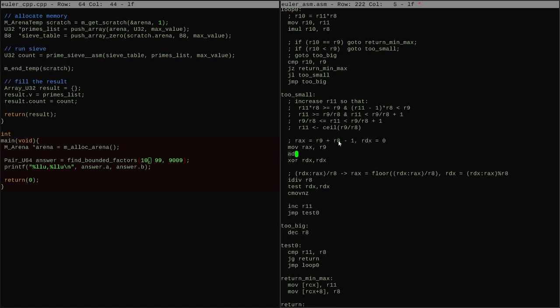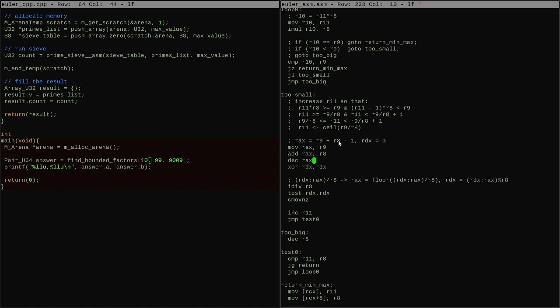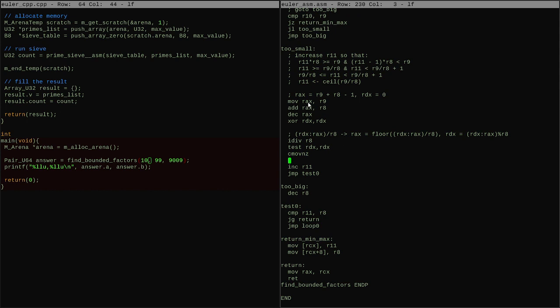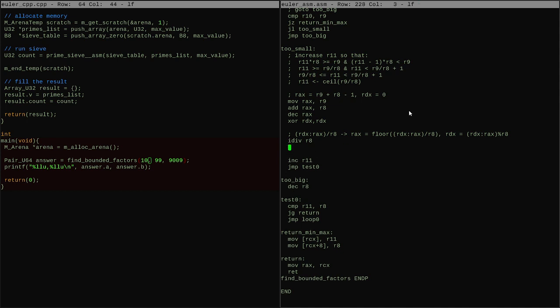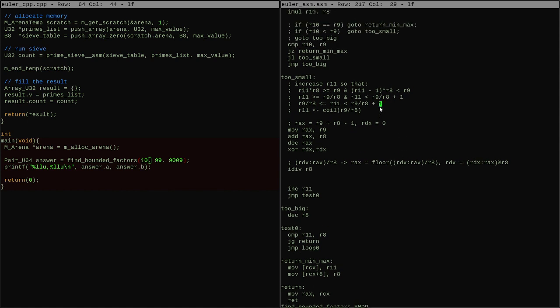So we'll do it this way. Add that in, subtract one of those, clear RDX, do the divide. Now we can ignore RDX, and the thing we actually need is in here. Put this note back in over here.